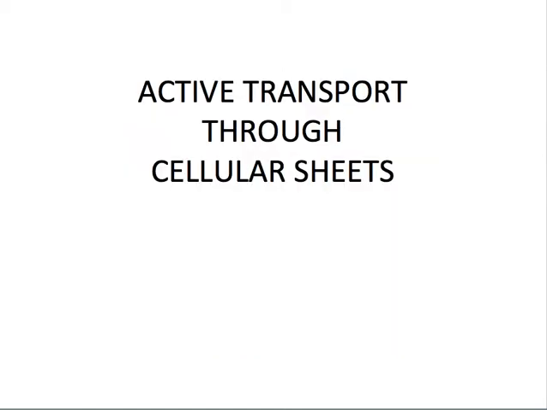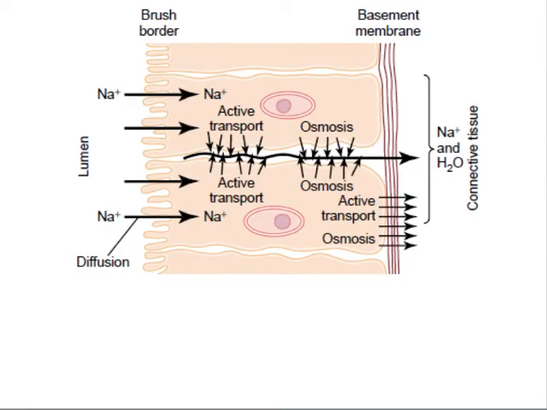Now the next question is: how does active transport take place through cellular sheets? You see, at many places in our bodies, substances must be transported all the way through a cellular sheet instead of simply through the cell membrane.